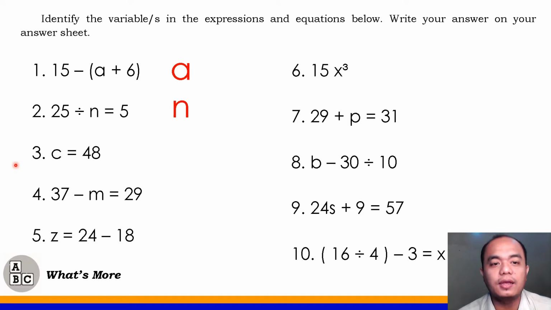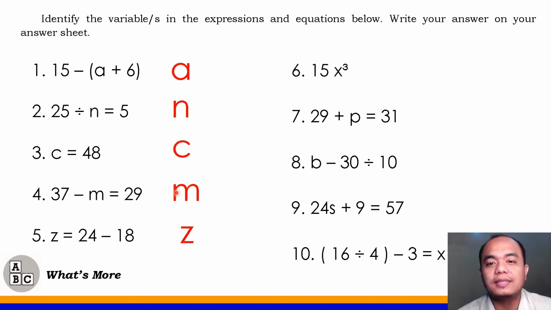Next, number 3. C equals 48. We use C as our variable. Next, number 4. The difference between 37 and M is 29. What is our variable? Very good. It's letter M. Next, number 5. Z equals the difference between 24 and 18. So we use the variable Z.